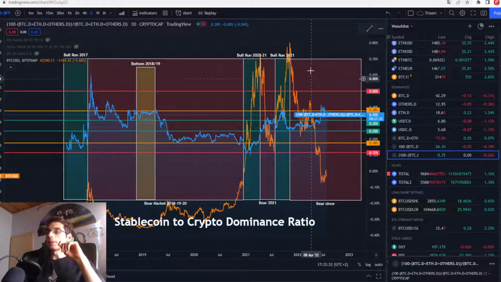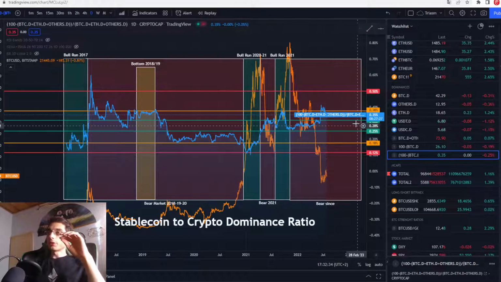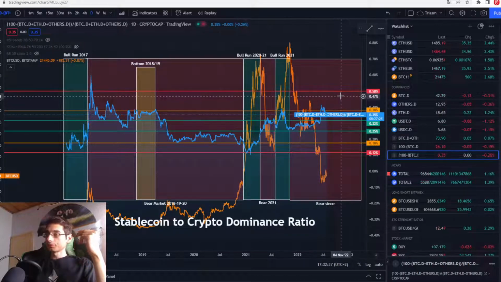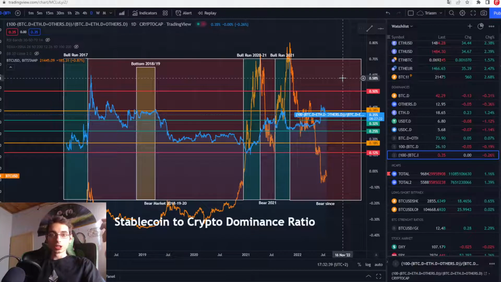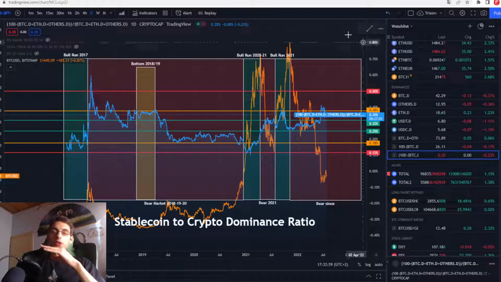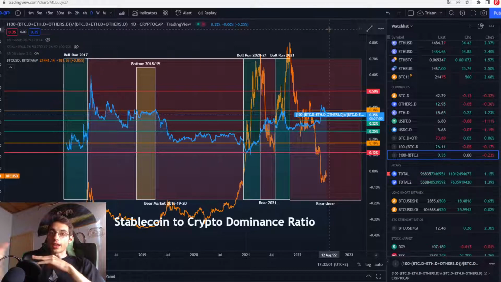you can take this. Let's make an example. If you have a total crypto dominance with Bitcoin, Ethereum, and altcoins at 66%, and we have 33%, so half of this dominance, in the stablecoin dominance, in these charts we'll have 0.50 because it's half of the strength of the other dominance.